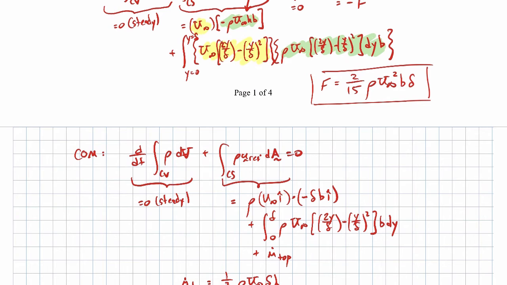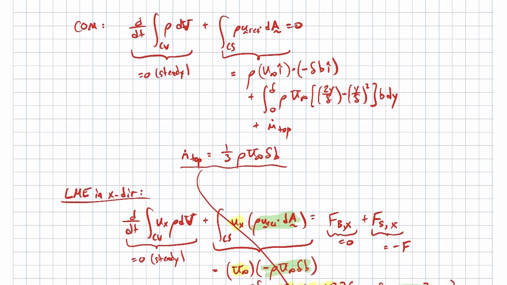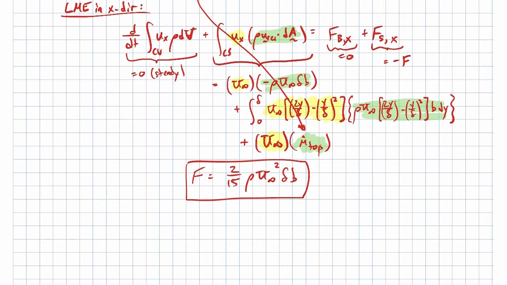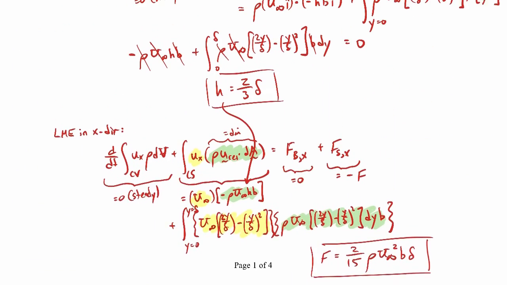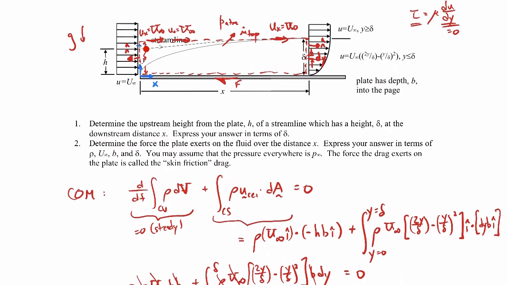It'll be the same result as what we have up here. So there are two different ways you could have solved this problem. Your choice of control volume just depends on what you prefer. Personally, I think it's easier to understand the control volume that follows the streamline, like our first method that we did. That just seems easier to me.